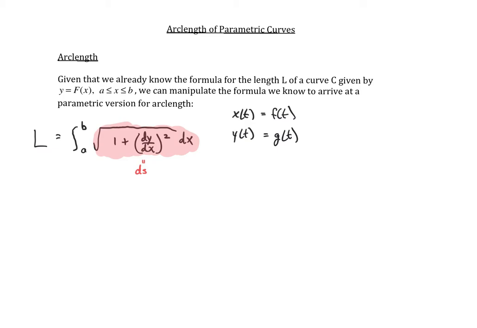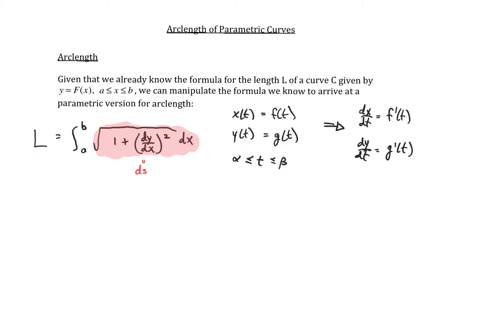And our values of t, let's say, range from alpha to beta. Okay. Now I can differentiate each of these coordinate functions. So my dx dt is equal to f prime of t. Dy dt is going to equal g prime of t.